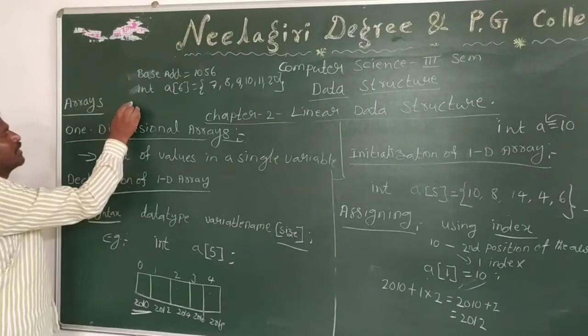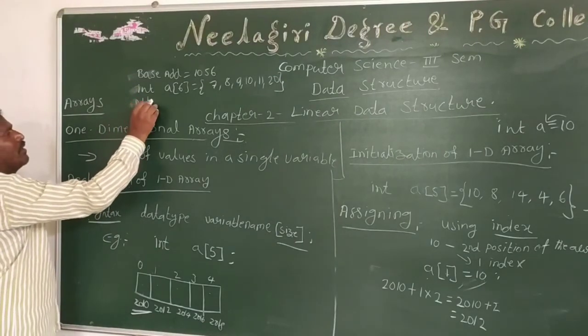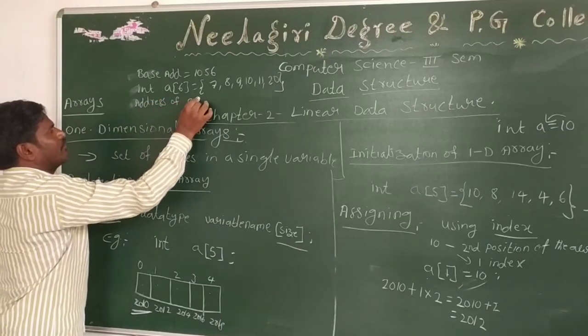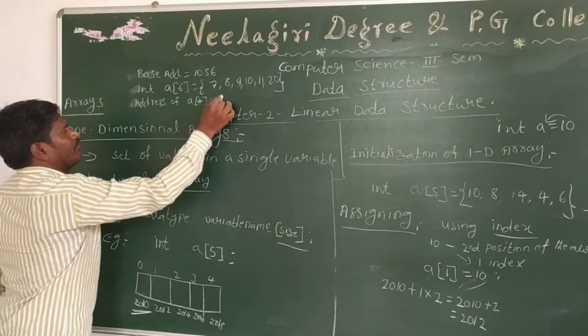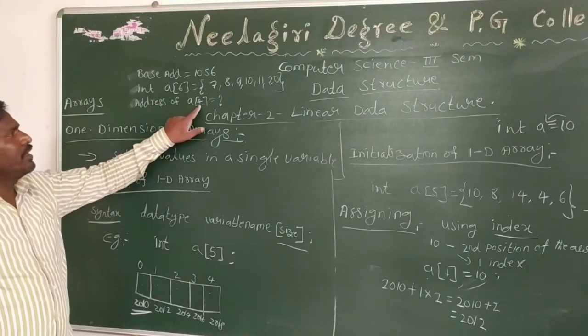Now asking the question, what is the address of A of 4? A of 4. What is the address of A of 4?